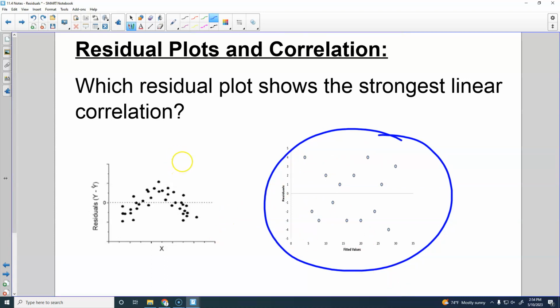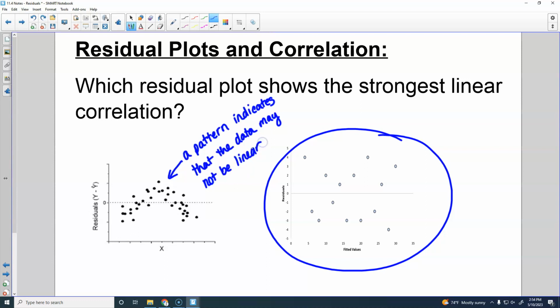If you see something like this, where you see a pattern in your residuals, so we can see that they're all negative over here, they're all positive here, and then they go negative again. So if we see a pattern, a pattern indicates that the data may not be linear.